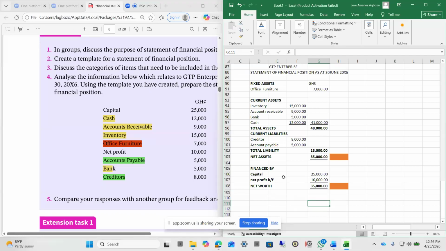The amount put into the company is 25,000 as capital, and then 10,000 as profit brought forward from the business itself, and that gives us this. Now, when you do this and it is not the same as this, then it means your work is wrong, based on the accounting equation that we looked at earlier.